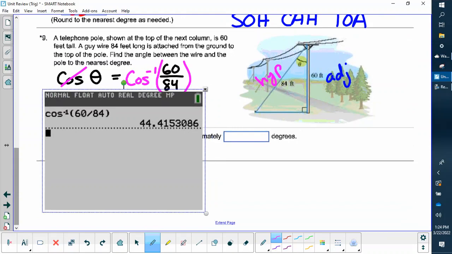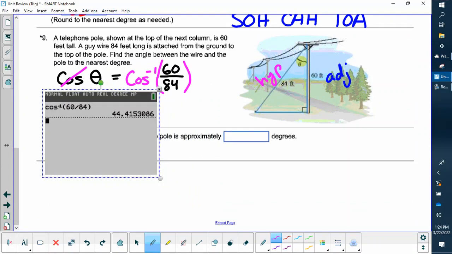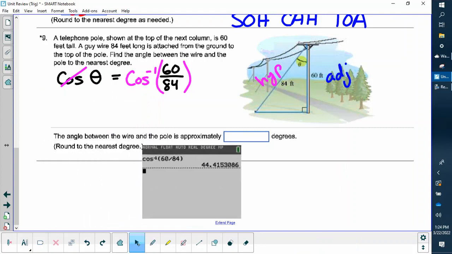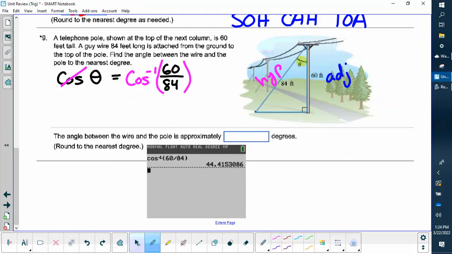And since this is the last problem, I'll move this down here, get it out of the way. Boom. Okay, round to the nearest degree. So again, nearest degree means whole number, and the 4 tells me I leave it alone, 44. Okay, let's go on to the next problem.